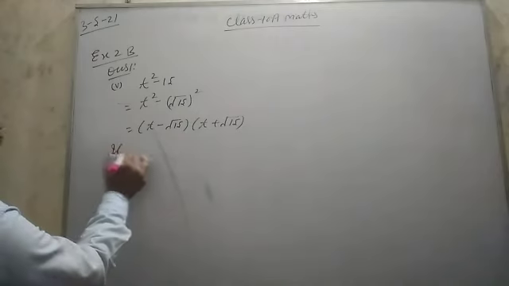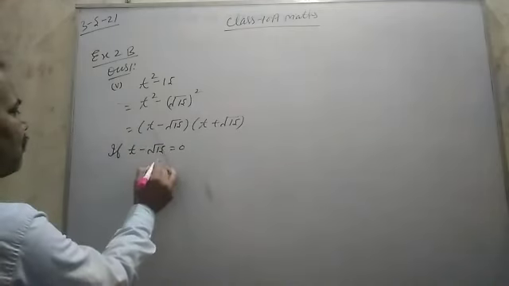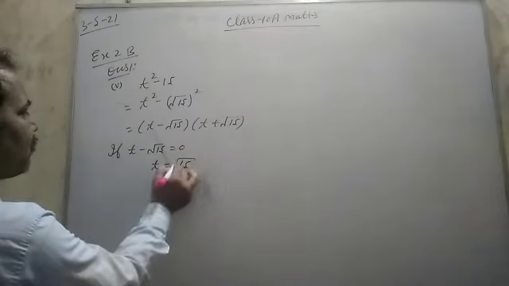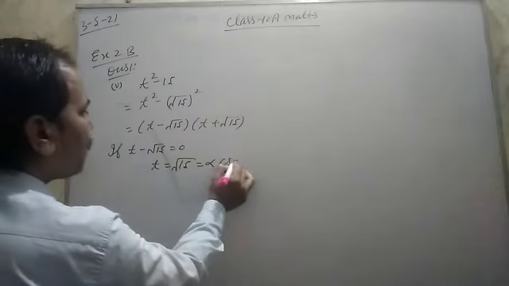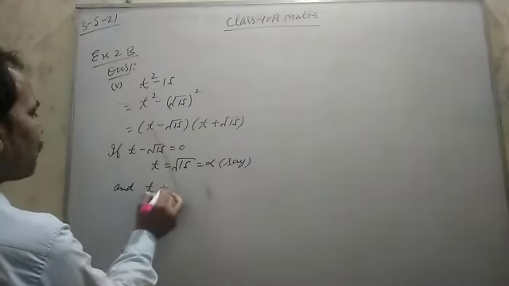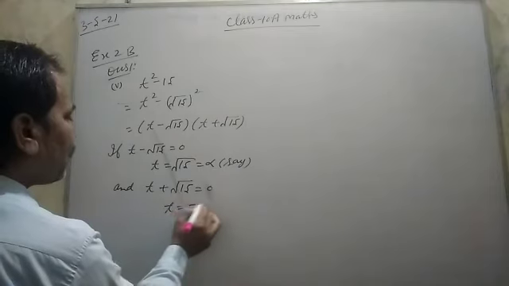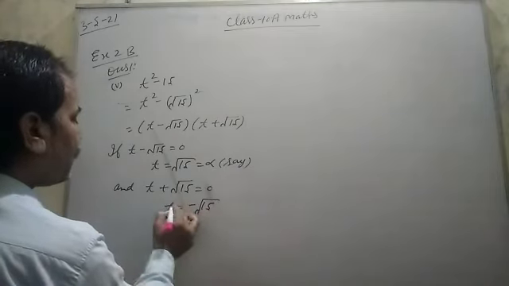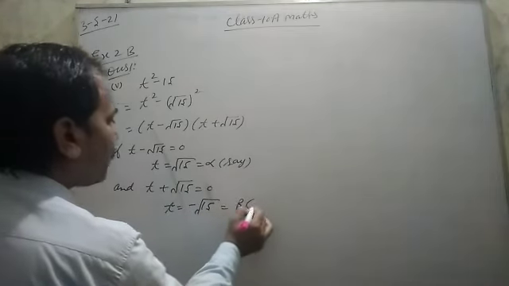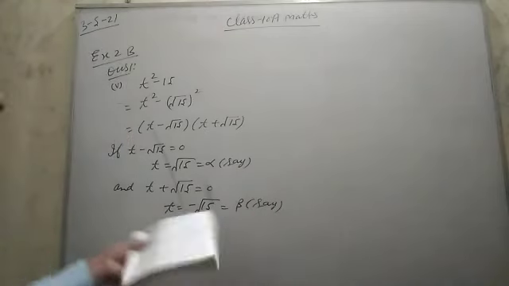So if t minus under root 15 is equal to 0, so t is equal to root 15 and that is alpha. And t plus under root 15 is equal to 0, so t is equal to minus under root 15 and that is beta. Okay, and after that you verify relationship also.